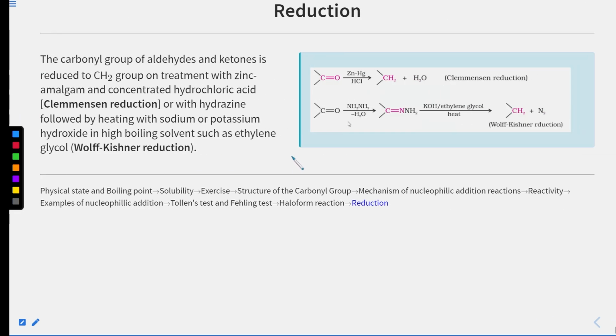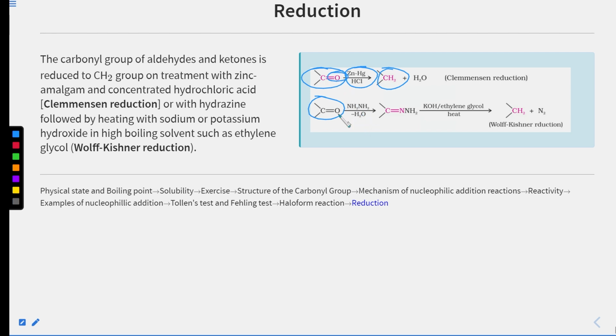Next we have reduction. We will talk about the reduction mechanism tomorrow, but I am just giving you an overview in today's class. If we have a ketone group or an aldehyde group, and you treat it with zinc amalgam, it gives your reduced group, that is, the carbonyl group has been removed.